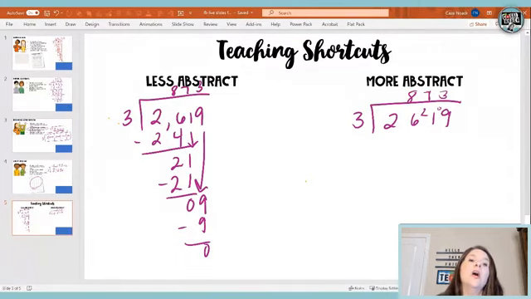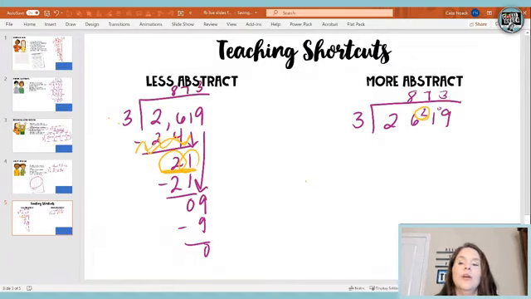But in long division, we have to multiply and subtract just to find the remainder. In short division, we did the remainder in our head. We figured that out without writing down any steps. So we cut out some of the steps just by doing the work in our head. And then we bring down this 21, and so we have 21.